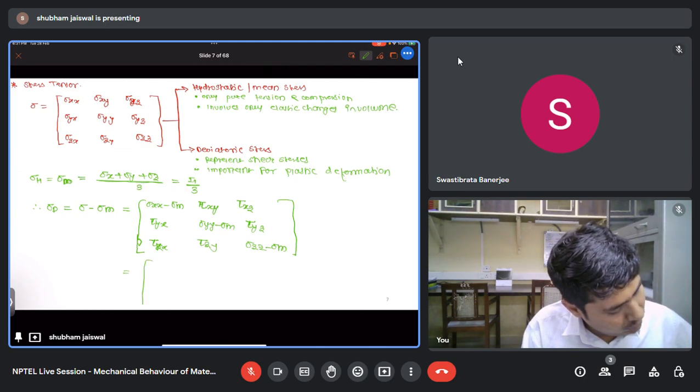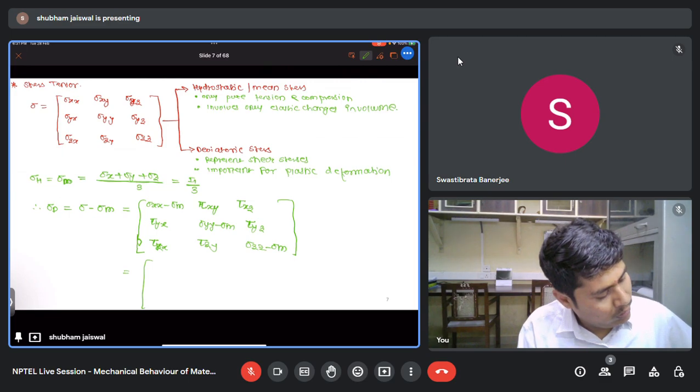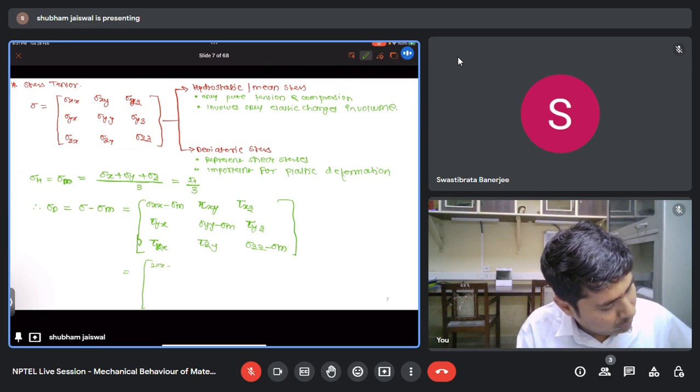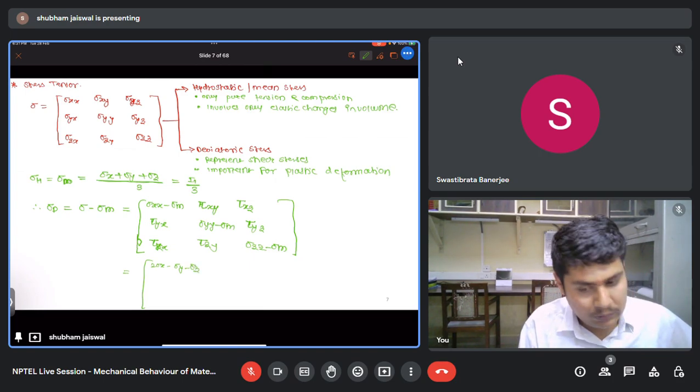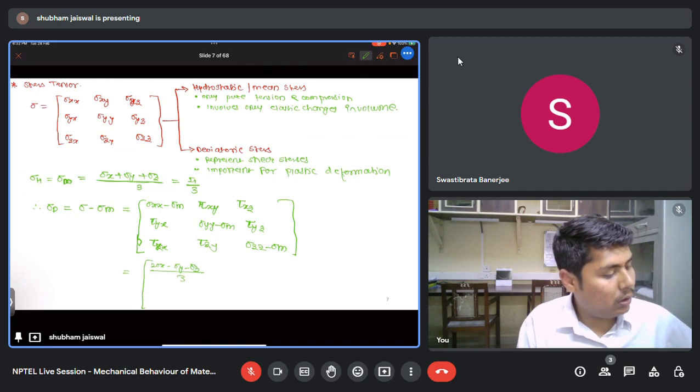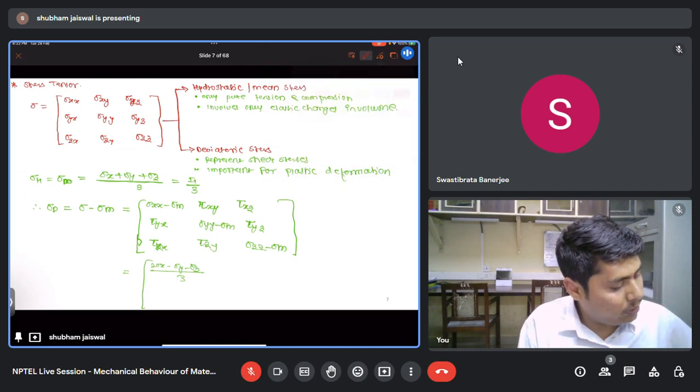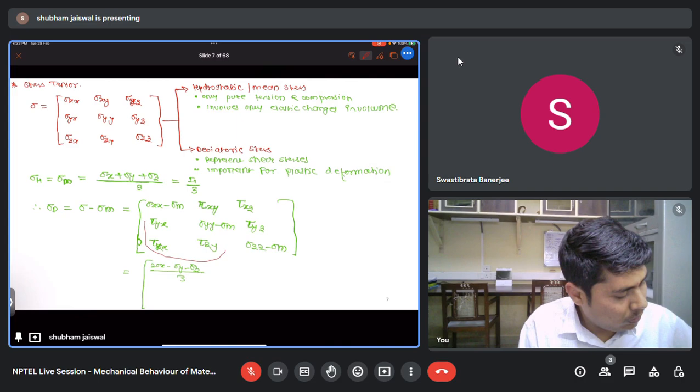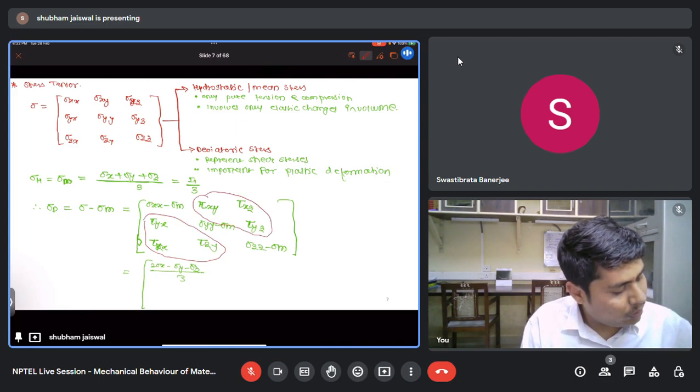So I will get the matrix like this, like 2 sigma x minus sigma y minus sigma z divided by 3. So all these stresses will be the same. Only the change in these stresses will take place.